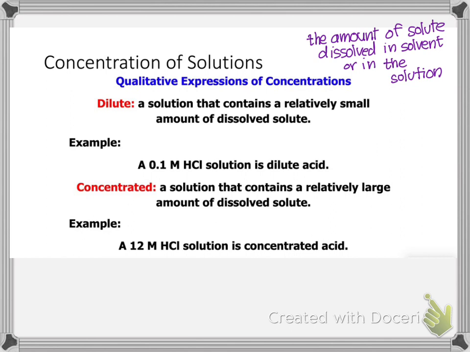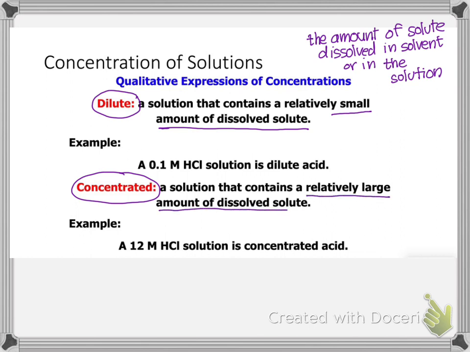So when we have a small amount of our dissolved solute, we call that dilute. So a dilute concentration would have a small amount of your solute in your solution. And if it's concentrated, that word would indicate that we have a large amount of the solute dissolved in our solution.